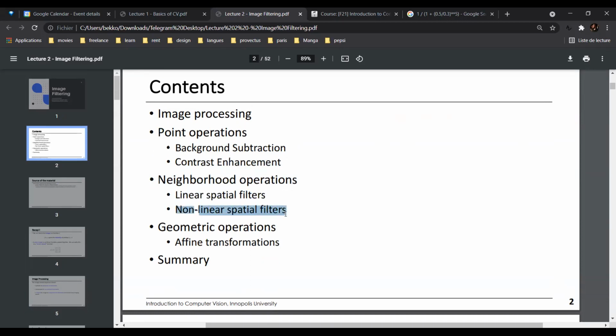We have seen nonlinear spatial filters such as the median filter. We have seen geometric operations such as affine transformations that could be used for different applications such as translation, scaling, rotation, and so on. All of these are very basic operations that can be implemented in a simple NumPy function.